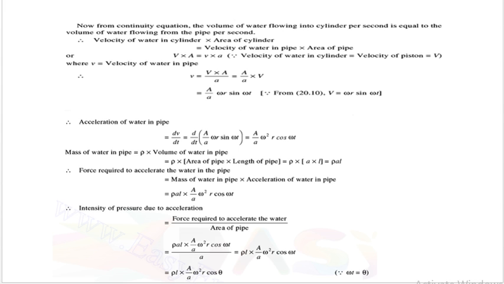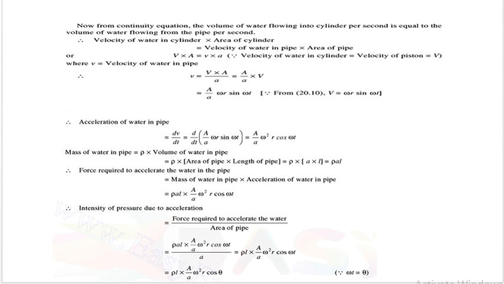This is the continuity equation, A1 V1 equals A2 V2. Here A1 is the area of the cylinder, A2 is the area of the pipe, V1 is the velocity of water in the cylinder and V2 is the velocity of water in the pipe. So capital V and capital A are the velocity and area for the cylinder, and small v and small a are the velocity and area of the pipe.